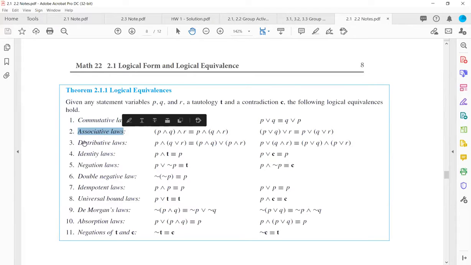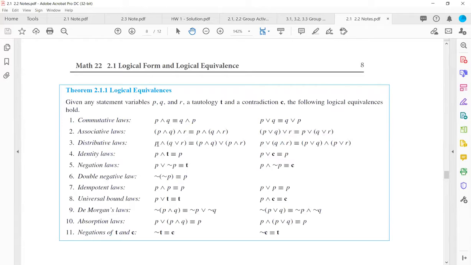Well, as we can distribute negation over and or, we can also distribute and over or, and we can distribute or over and.